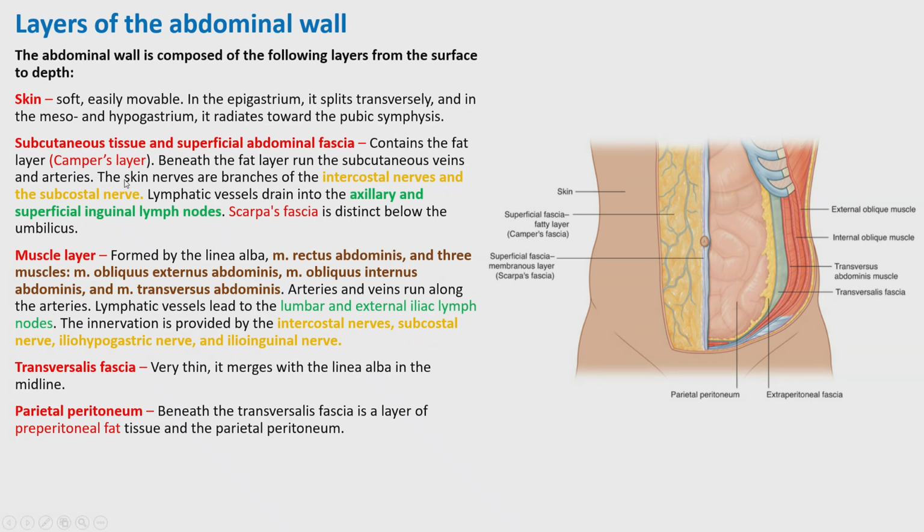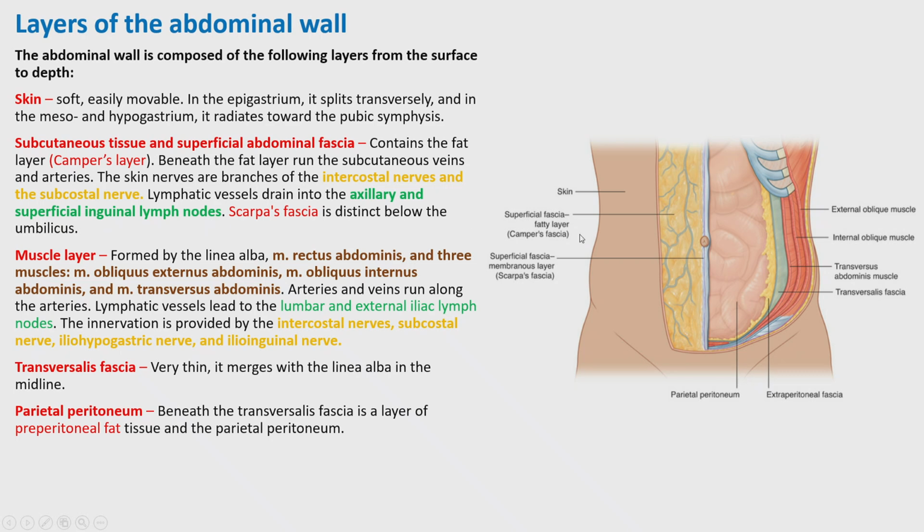Also, for the innervation of this area, in this subcutaneous tissue you can find some nerves that are branches of the intercostal nerve and subcostal nerve. For lymphatic drainage, the upper part of the abdomen above the umbilicus drains to the axillary lymph nodes, and the lower part below the umbilicus drains to the superficial inguinal lymph nodes.